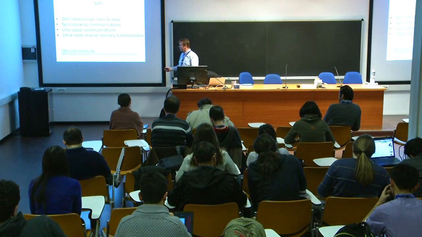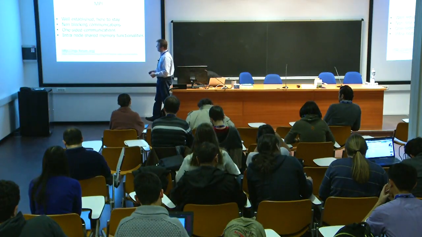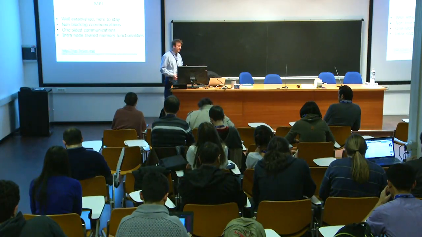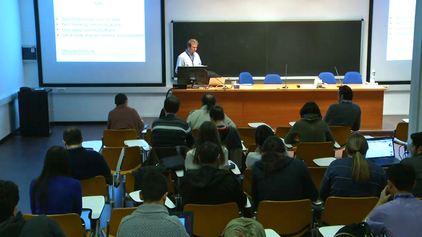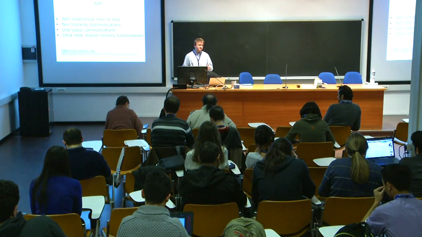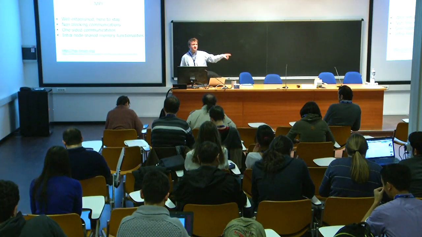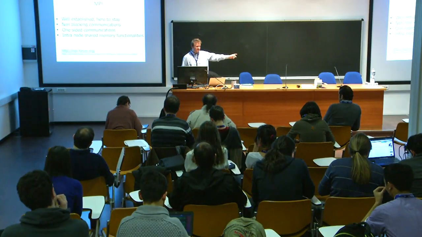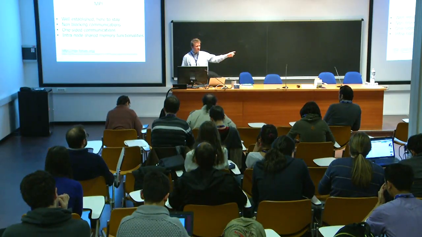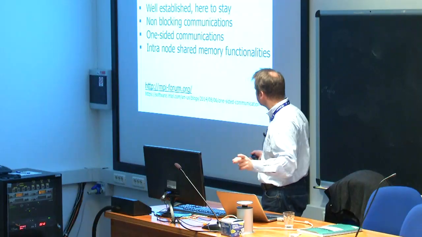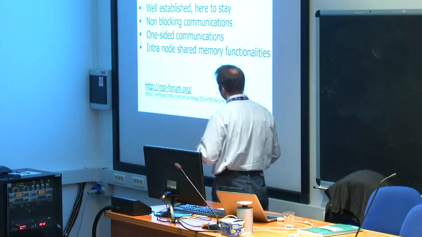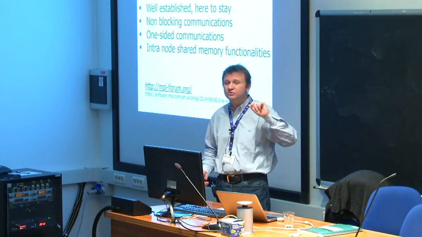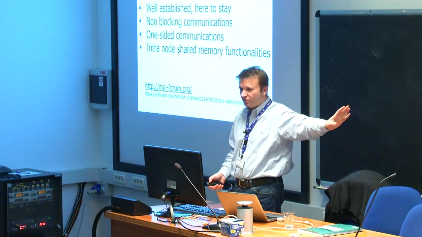The other one is to use one-sided communication. One-sided communication means that I can access remote data without even notifying the remote task. Obviously, this is the most powerful technique to mask communication latency, because you do not even notify the remote task.